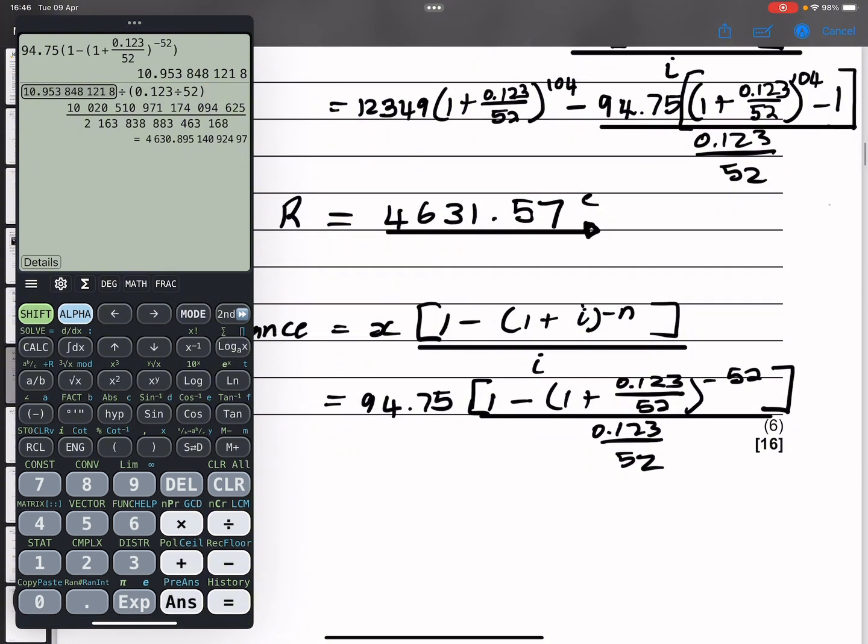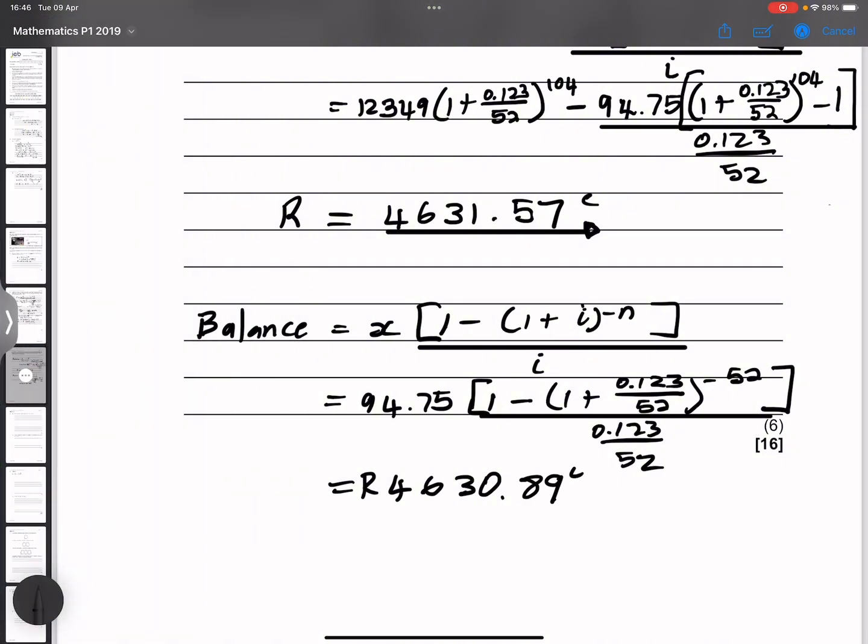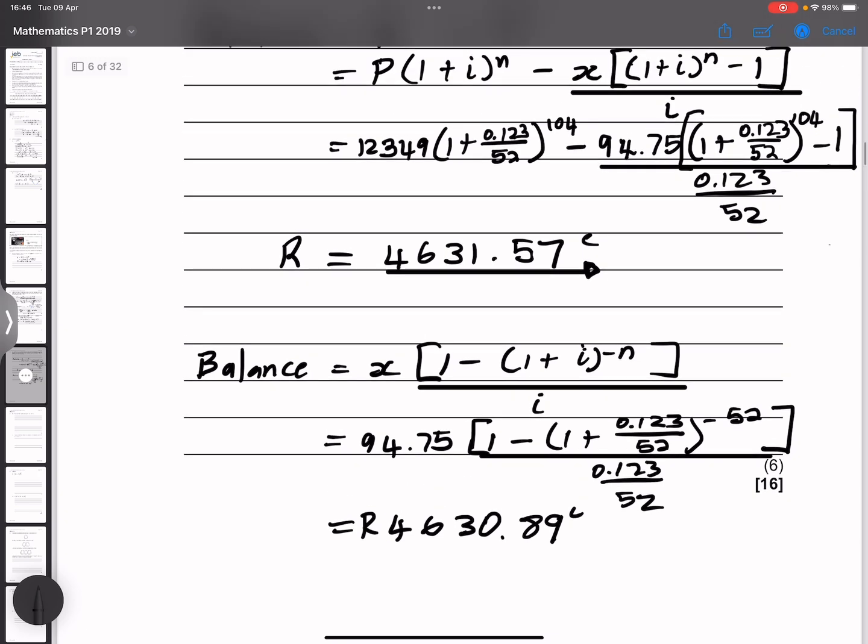Do you see that? So that's 4,630, well, you can say 30 and 89 cents. So definitely that tells us that we are actually quite correct. So this is the balance that he will still be owing.